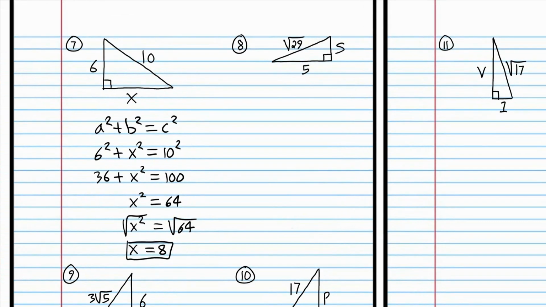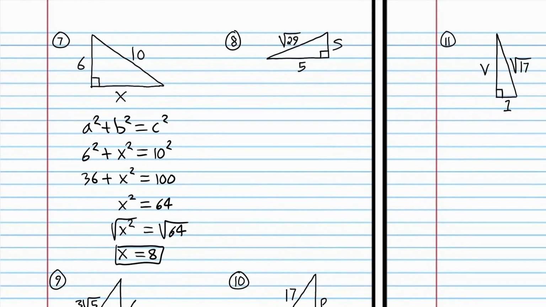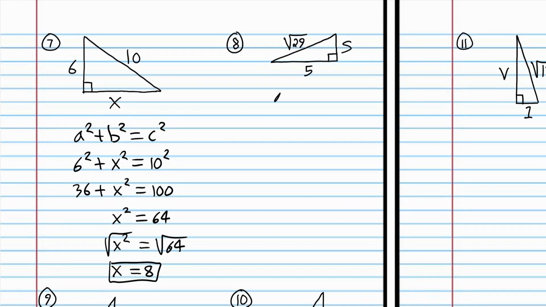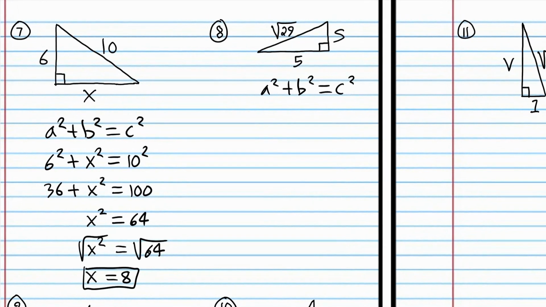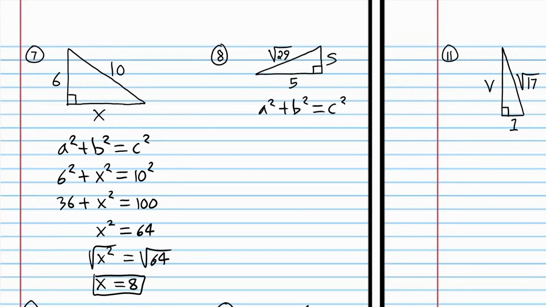All right, so let's go on to number 8. Again, we're going to write the Pythagorean Theorem. We have to show the tool that we're using. Now again, the missing side is a leg. We know that root 29 is the hypotenuse because it's right across from the 90-degree angle.